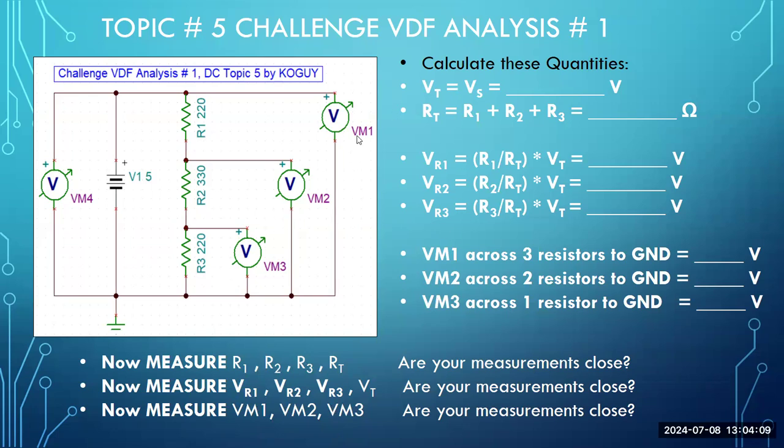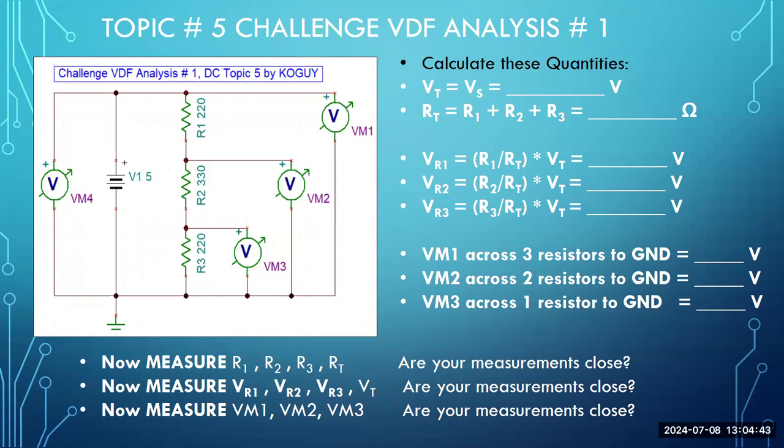Why we're doing this is these voltmeter measurements, number 1, number 2, and number 3, are very similar to the type of testing you'll do in the field. In the field, you won't be measuring across components as often as you will be from test points to ground. You'll simply attach the black lead to some reference ground point on your circuit board, and with only one hand, one probe, touch different test points of interest and confirm that to a known set of values to see if everything is matching.